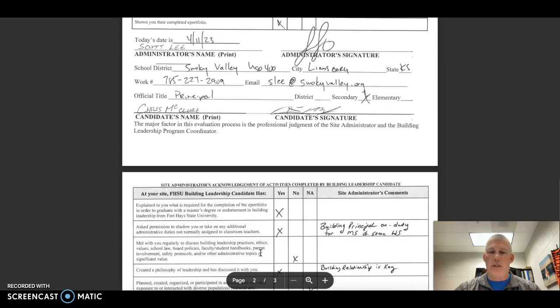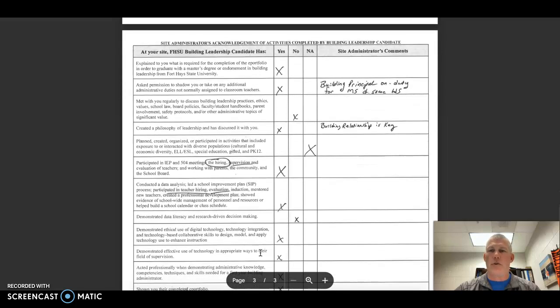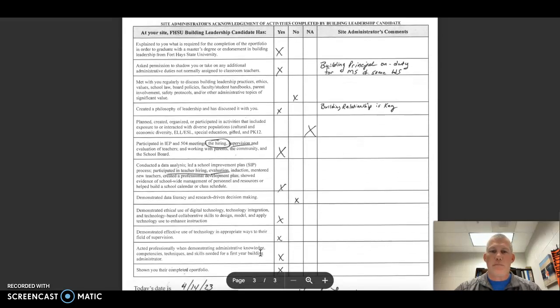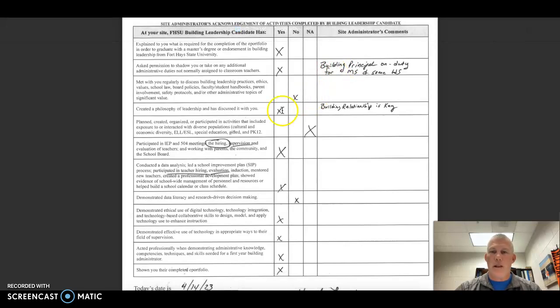And then lastly was our superintendent, Mr. Heath Hogan. This is his first year with us. So you can see he marked some of the things as yes, a couple of them as no because he wasn't there to see them, and then one NA. But I have been part of the hiring process. One day I was the principal on duty at the middle school because the middle school principal was out.